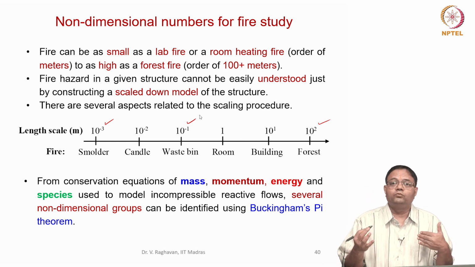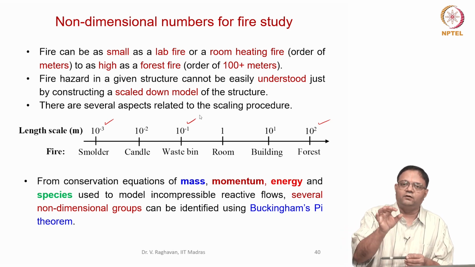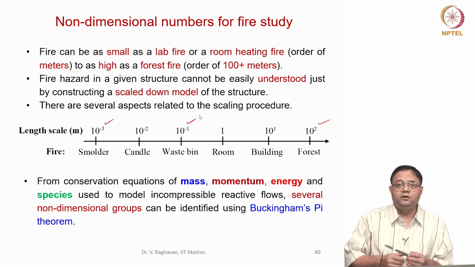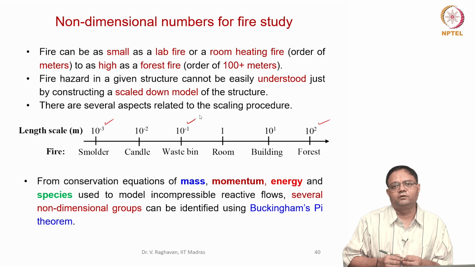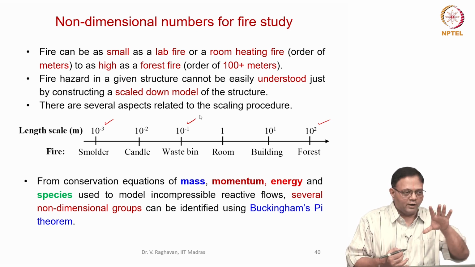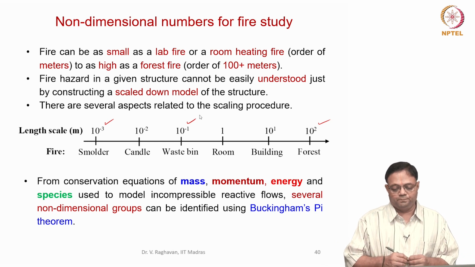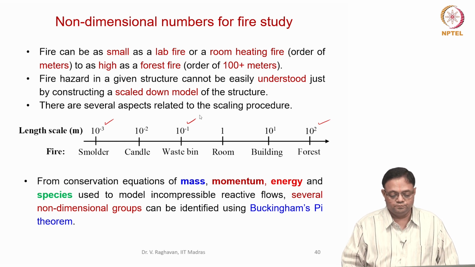When you do a low scale experiment, say 1 centimeter to 8 centimeter, you will see increasing burning rate as the diameter increases. But when you increase it from 25 centimeters to 100 centimeters, you will not see much variation. That means you cannot extrapolate this result to that scale. That is what is very important in fire. Fire behavior or fire hazard cannot be easily understood just by constructing a scale down model.